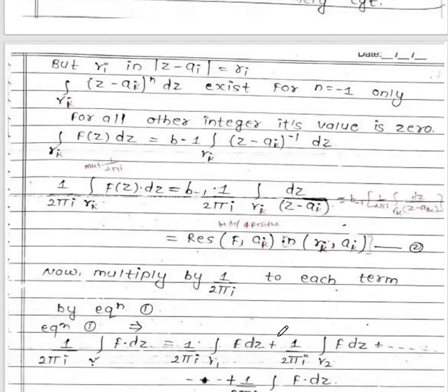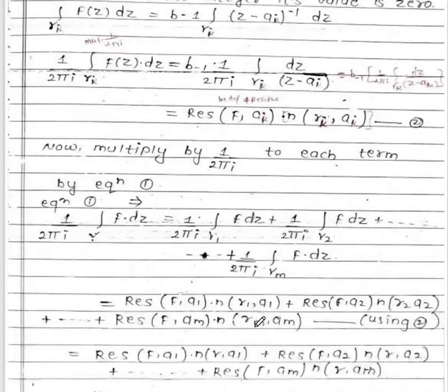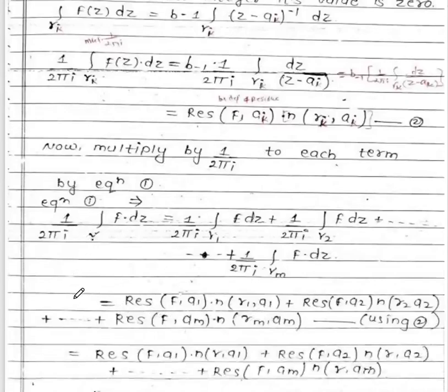Now multiply both sides of equation number 1 by 1 upon 2 pi i. Then equation number 1 becomes 1 upon 2 pi i integral over gamma of f dz equal to 1 upon 2 pi i times the integrals over gamma 1, gamma 2, and so on up to gamma m.